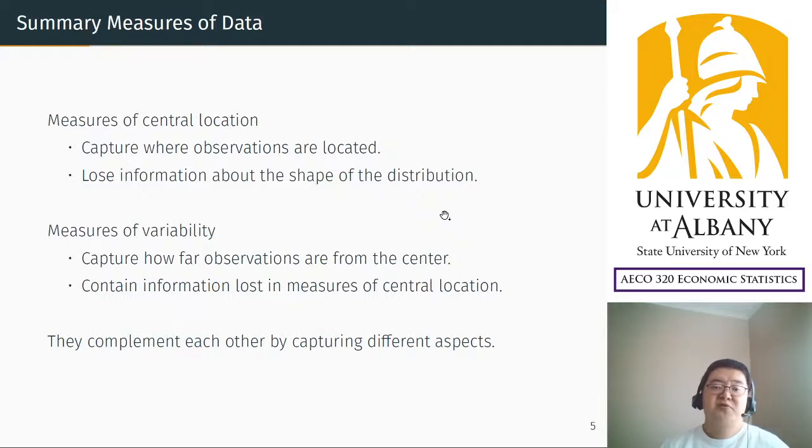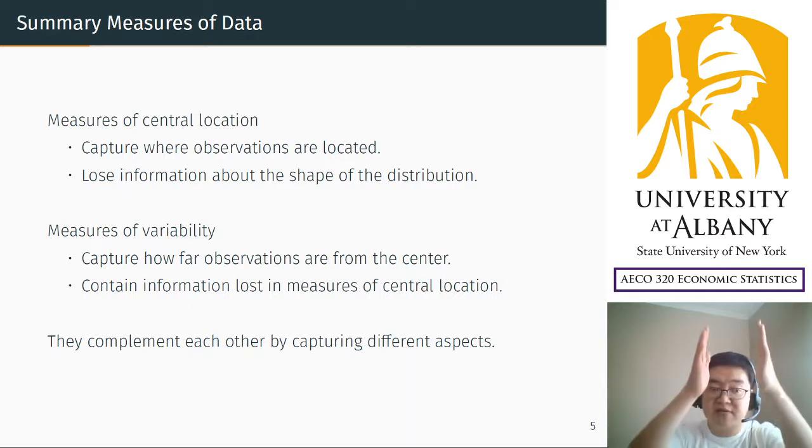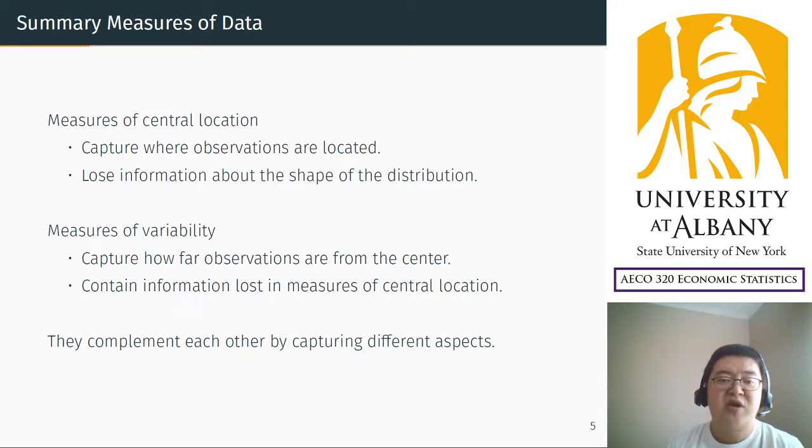The measure of central location captures where observations are located, where they are centered around. It's not about the shape, only about the center. So you are losing information about the shape of the distribution, how it looks around the center. If you set the center at 0, the histogram must still have some kind of shape, whether it's flat or concentrated, but you cannot tell from a measure of central location.